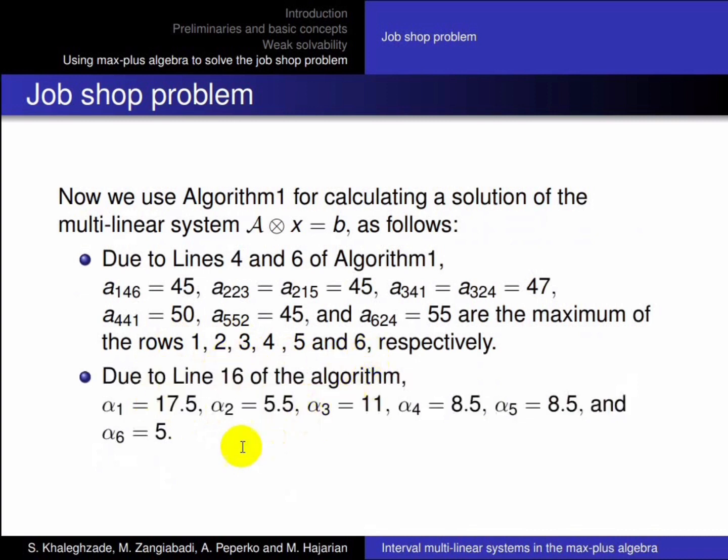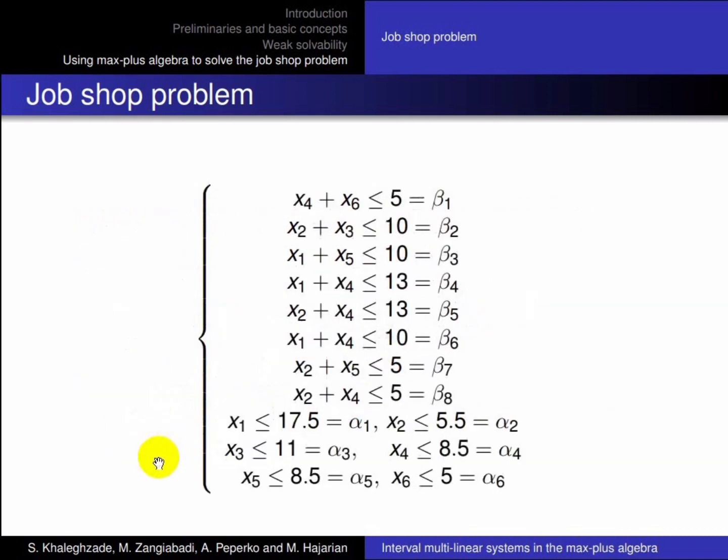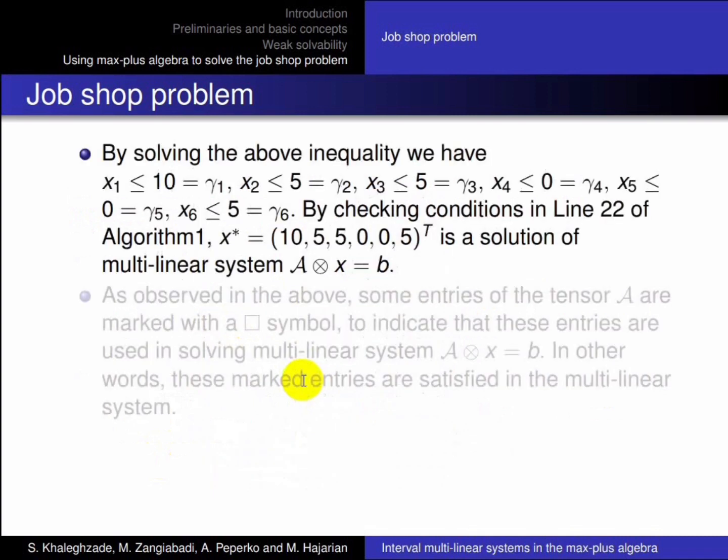By the algorithm, alpha 1 to alpha 6 equal this amount, and we have this inequality system. So by solving the above inequality system by algorithm 2, we have these inequalities, and by checking the 2 conditions in line 22 of algorithm 1, we have X star is a solution of the multilinear system.